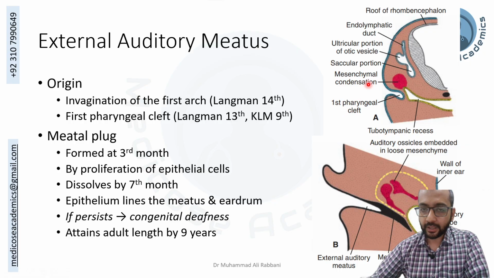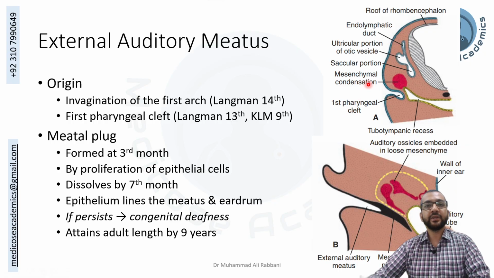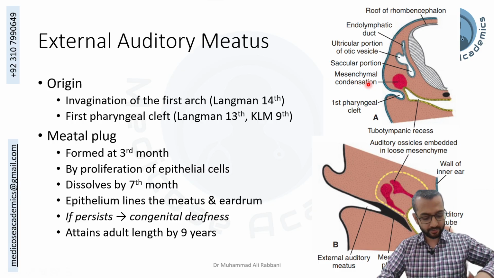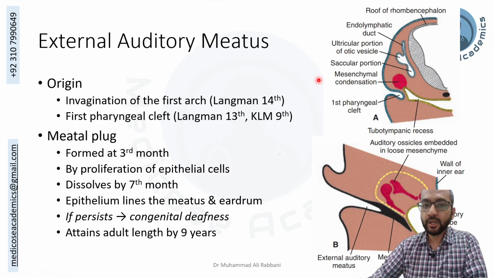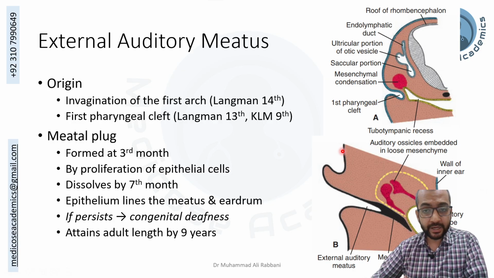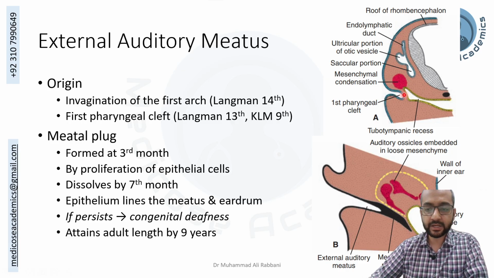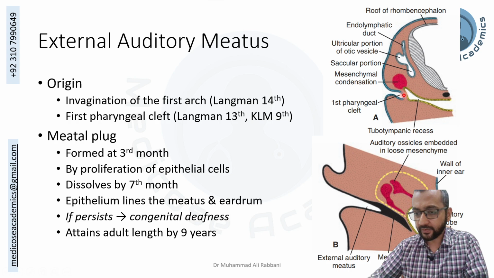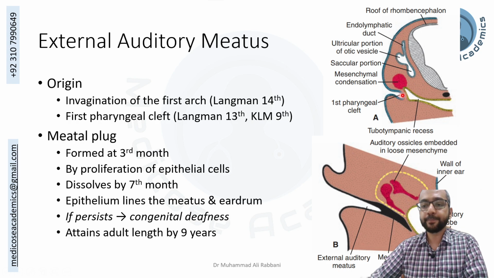Meatus. Okay, here is the part where, due to recent development, the narrative is currently changing. A few years ago, and even still in most of the textbooks, we have the explanation that the external meatus develops from the first pharyngeal cleft, and the deepest part of the first pharyngeal cleft makes the surface covering the tympanic membrane.